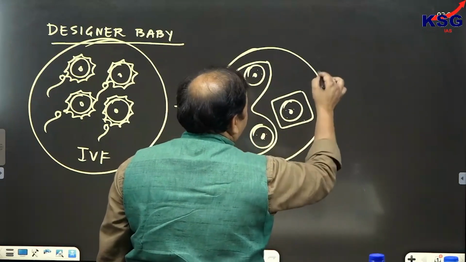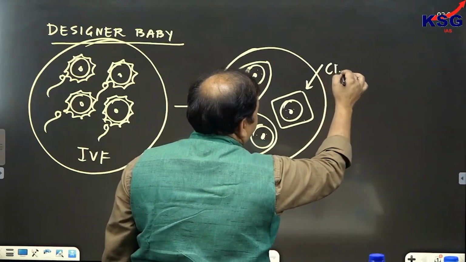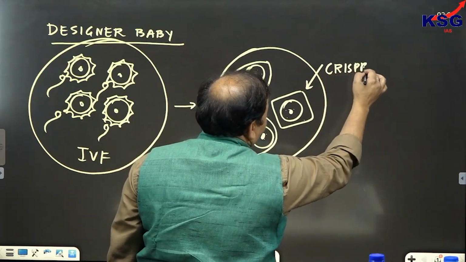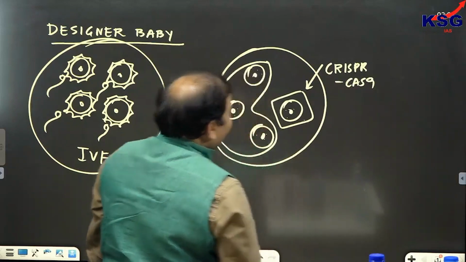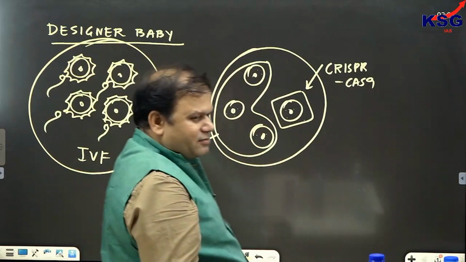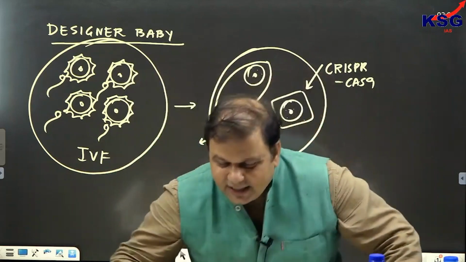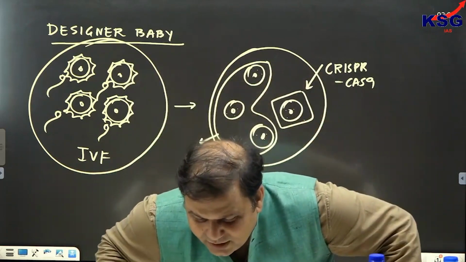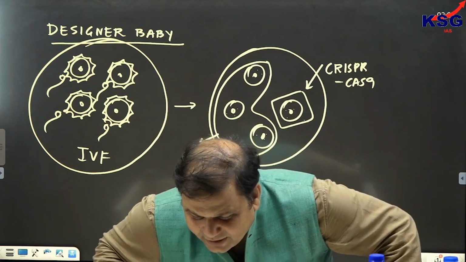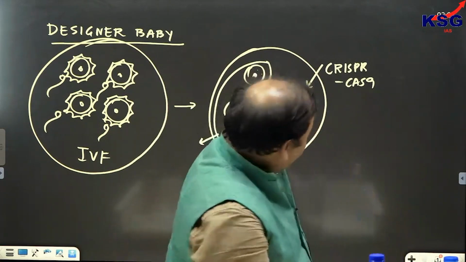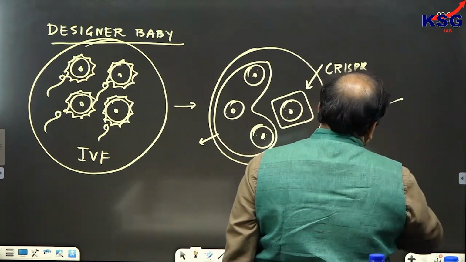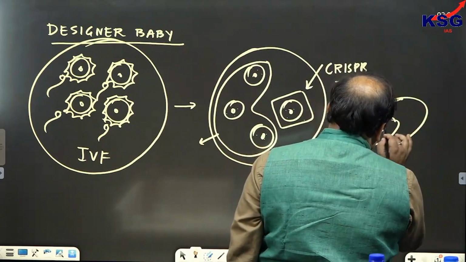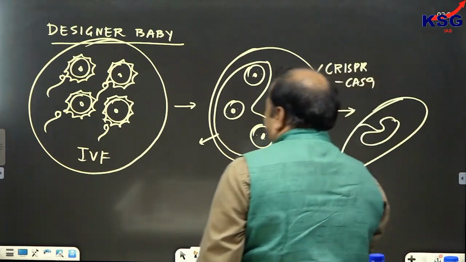Now here CRISPR-Cas9 technology would be used to enhance the characteristic so that it would be meeting the requirement of parents. Clear? And we can see that after CRISPR-Cas9 technology is done, then this embryo would be planted in the womb of a surrogate mother.